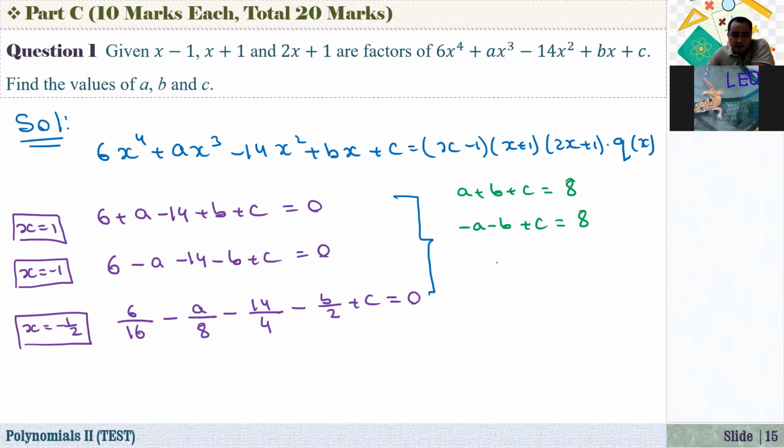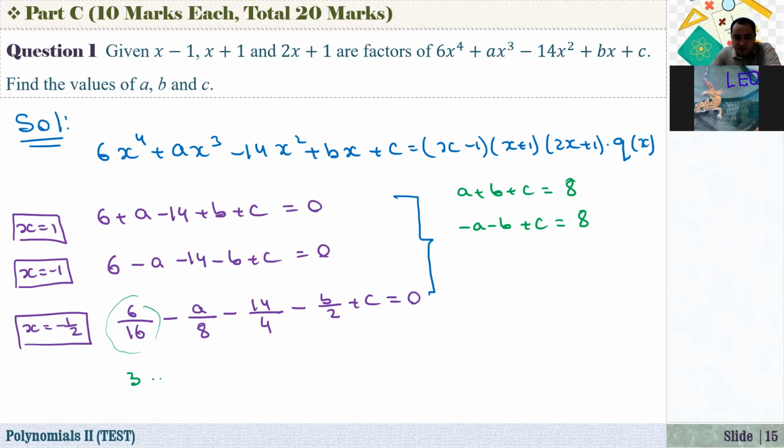Right, and the third one, here we have minus A over 8. Before I continue, let me multiply both sides by 8. If you multiply by 8, actually this 6 over 16 is 3 over 8.